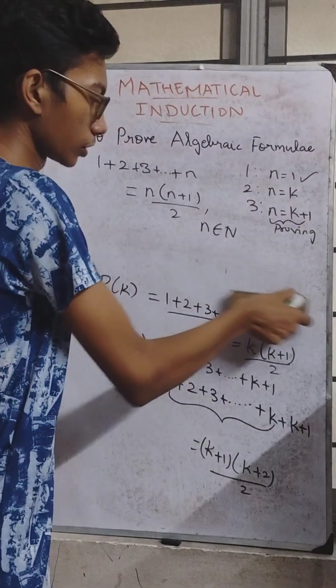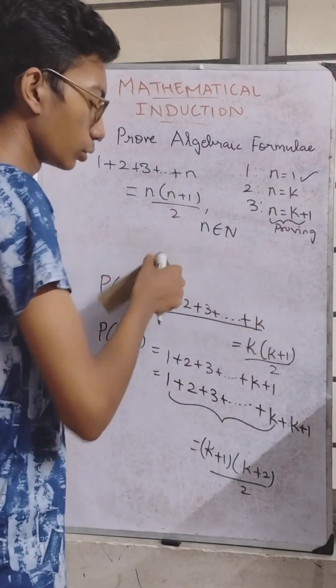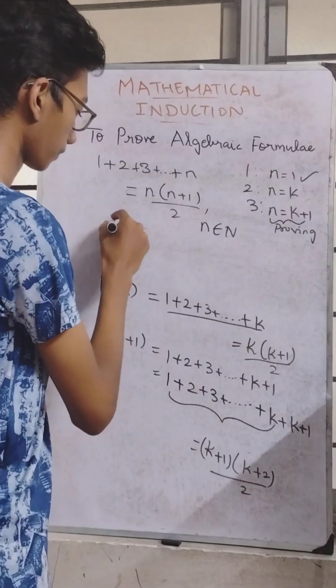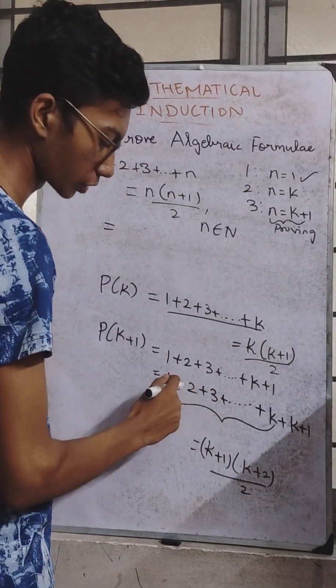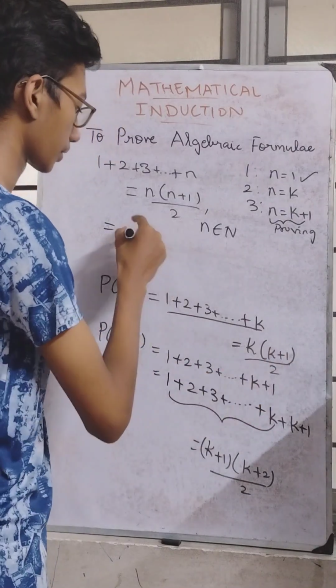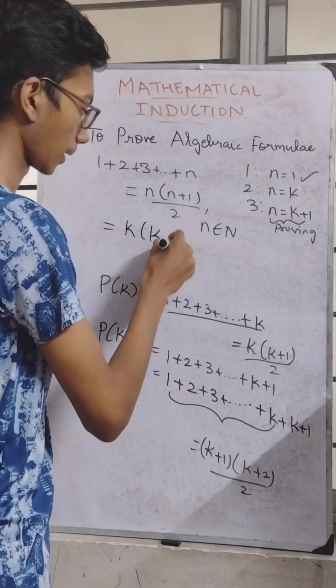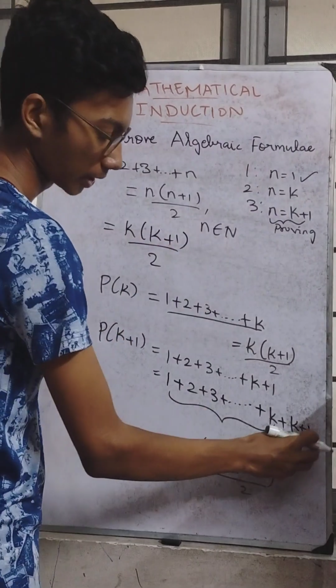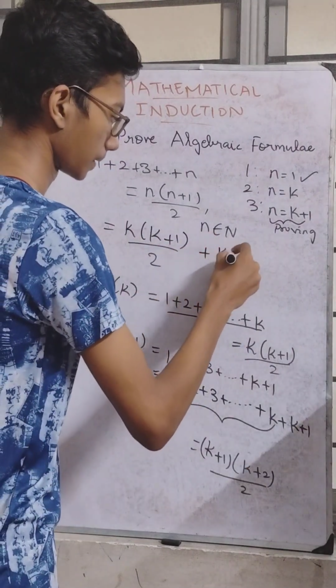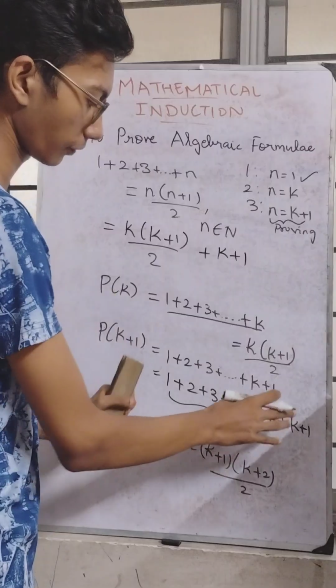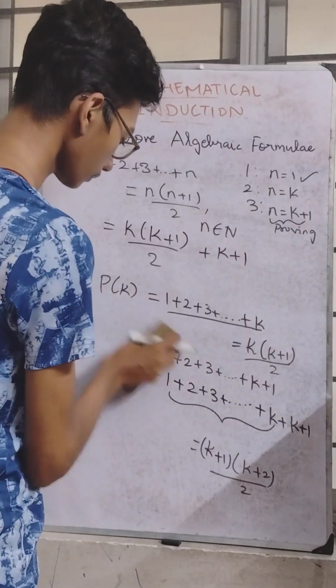So we are substituting the value that we assumed. So instead of this whole term, we can write k of k plus 1 by 2. Here we have plus k plus 1. So this is the final term we have here.